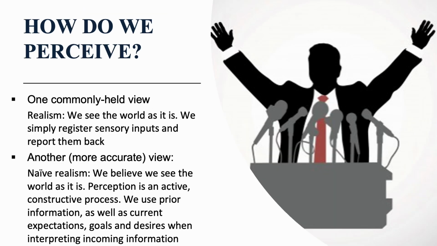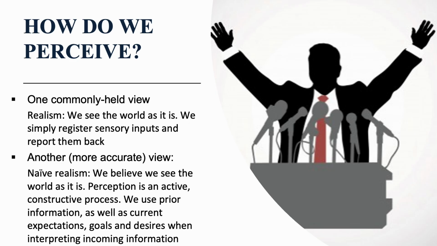So, how do we perceive things? One commonly held view is what we call realism. We see the world as it is. We register sensory inputs and report them back. Another view that is deemed more accurate by most policymakers, lawyers, marketers, academics, and so on, is called naive realism.